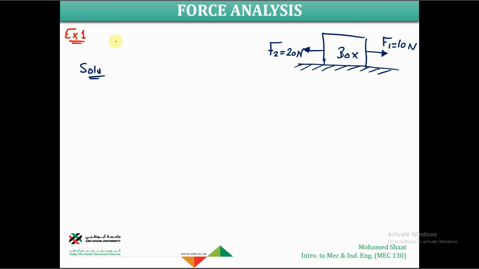So for example, what is required is to find the sum, or the net force, or the sum of the forces acting on this box, how much it is. All of these forces are acting in one parallel direction. This direction is horizontal. It means that these two forces are horizontal forces.